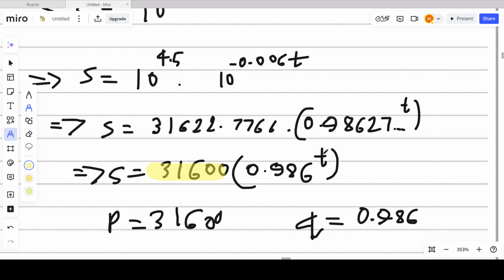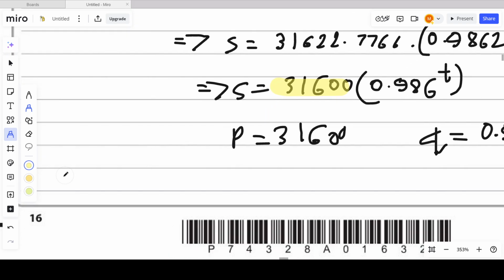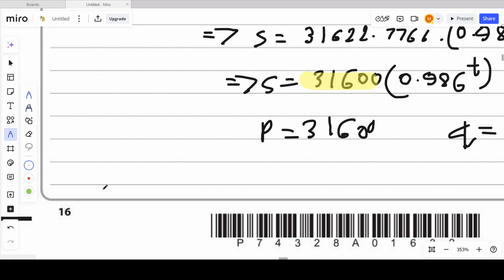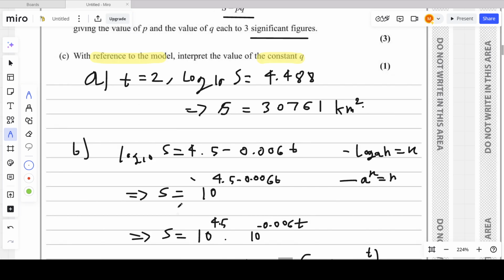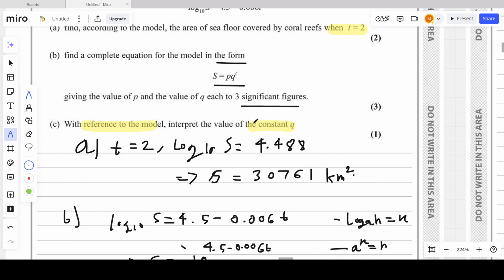For part C, we need to interpret the value of the constant q.